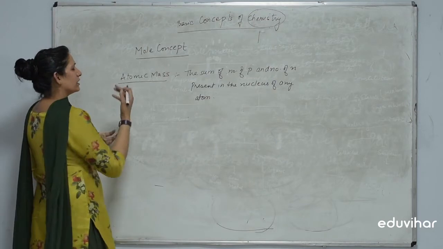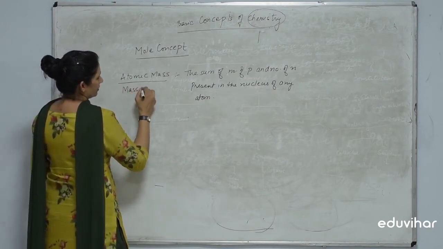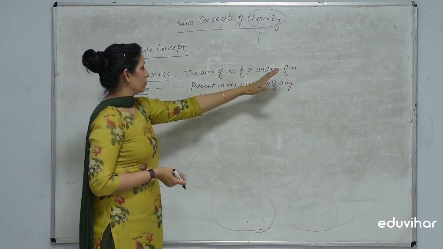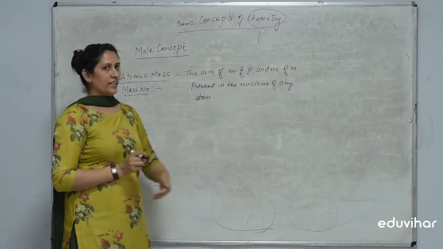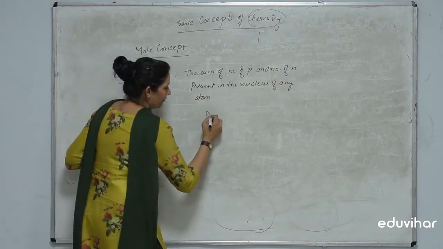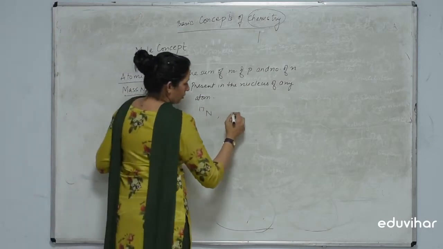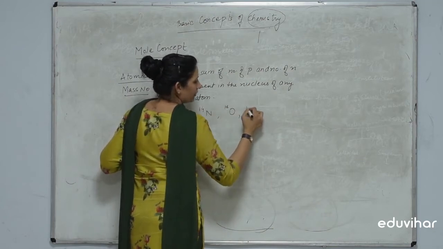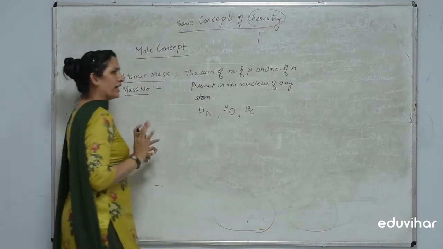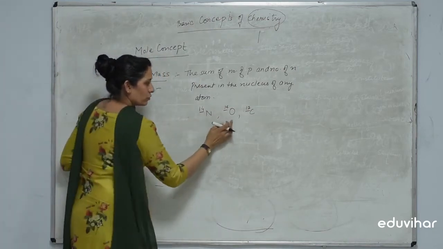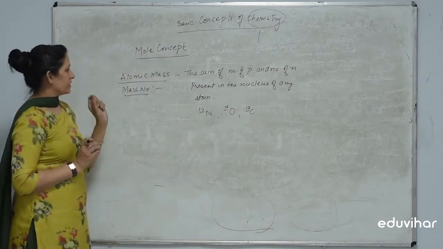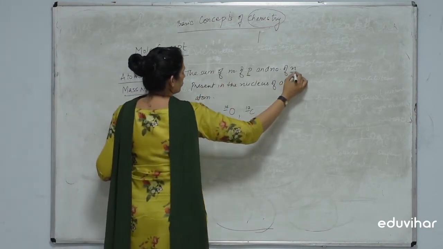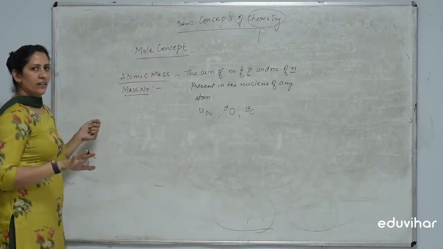Atomic mass is also known as mass number, the sum of protons and neutrons present in the nucleus of any element. For example, nitrogen has atomic mass 14, oxygen has 16, carbon has 12. This is the atomic mass of nitrogen, oxygen and carbon.